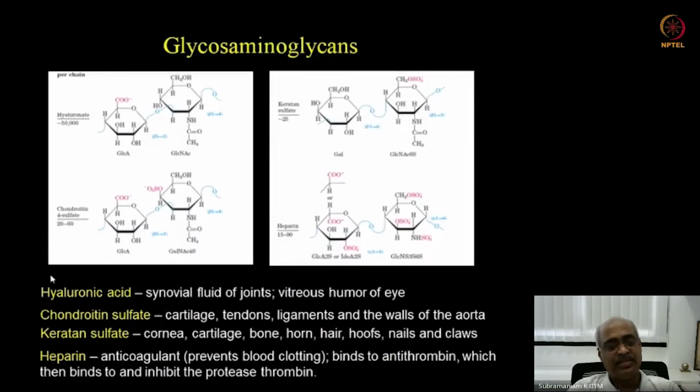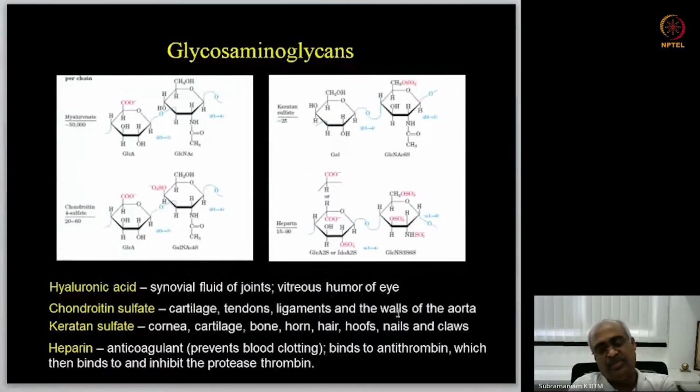And these molecules are actually very important when you think of making extracellular matrix artificially for tissue engineering purposes. Okay, so the people who study tissue engineering learn a lot more details about these glycosaminoglycans and other extracellular matrix proteins.